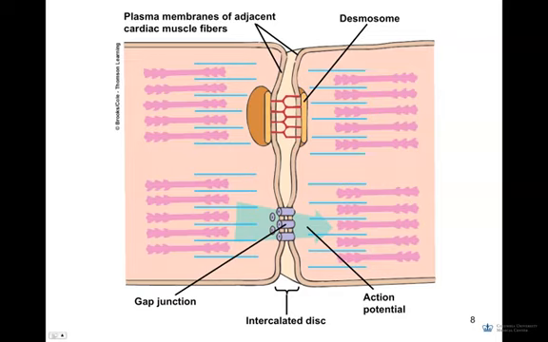The other thing that you will find in intercalated discs are gap junctions. When we talked about communication between neuronal cells, we talked about electrical synapses.